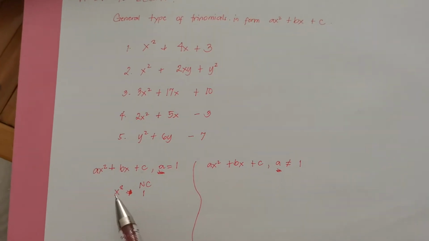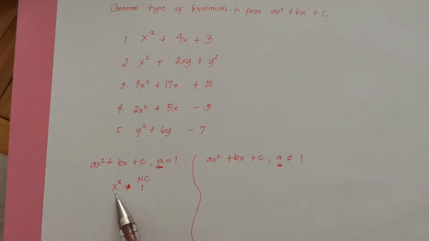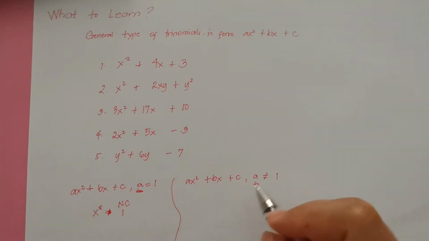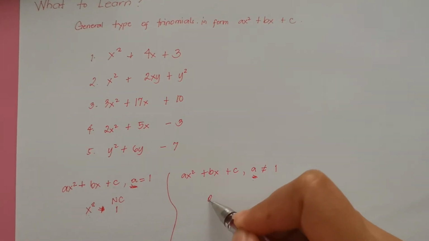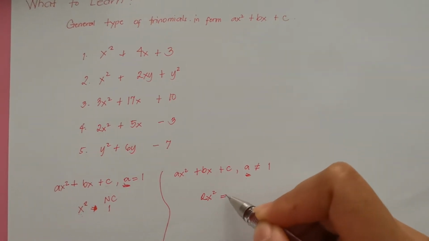So any number multiplied by 1, the answer is the number itself. So no need to write 1. But in this case, a is not equal to 1. The numerical coefficient is that number.